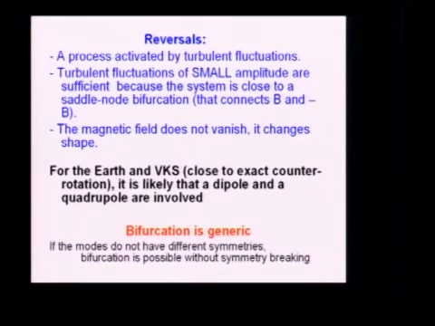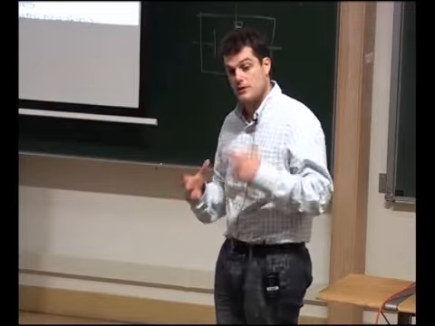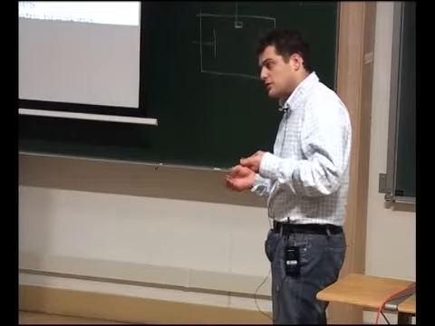So reversal, our description: a process activated by turbulent fluctuation, but what is important to realize is that it does not require very large turbulent fluctuation. Actually, when you are very close to the saddle node bifurcation, the amplitude of the required turbulent fluctuation goes to 0.